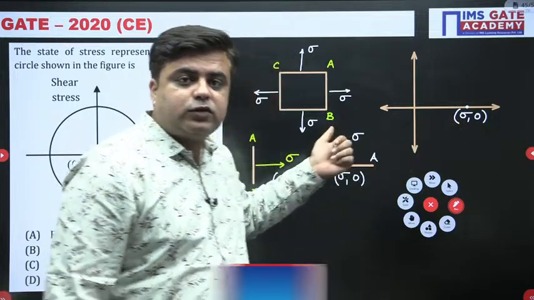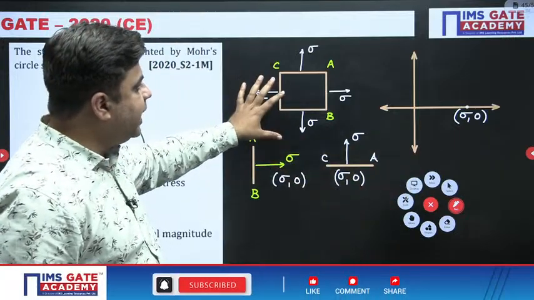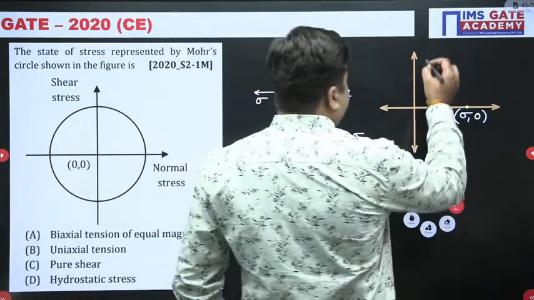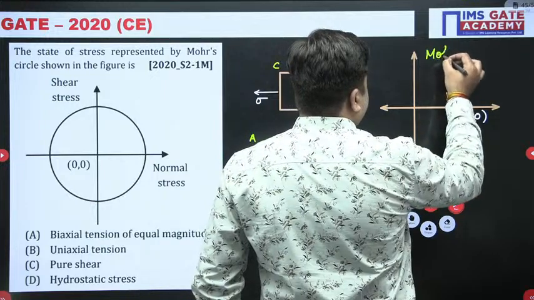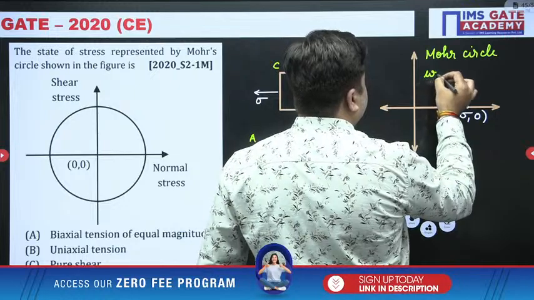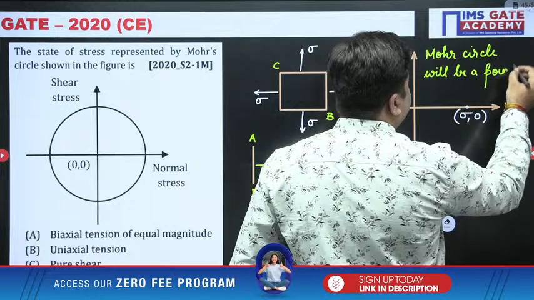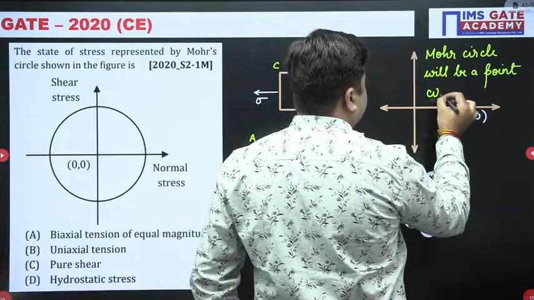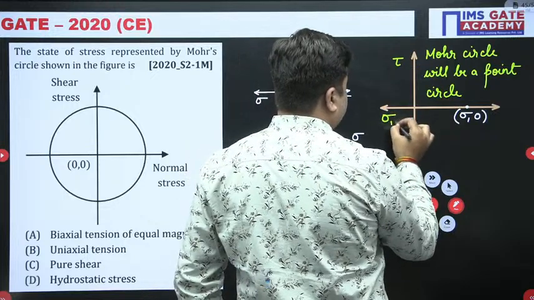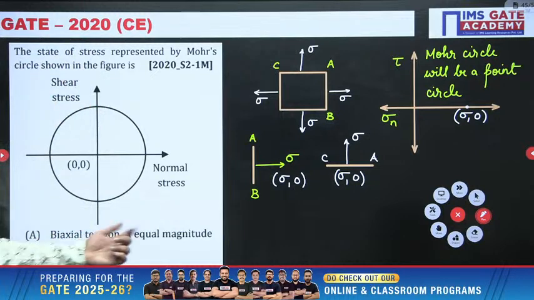In this state of stress, all the planes will be principal planes. So this is biaxial tension of equal magnitude, and here the Mohr circle will be a point circle.